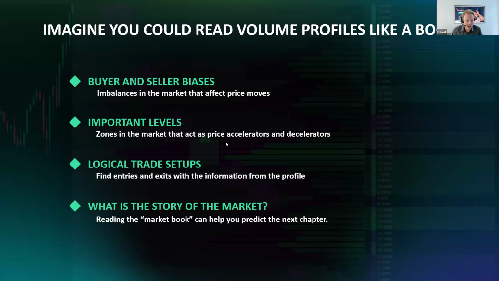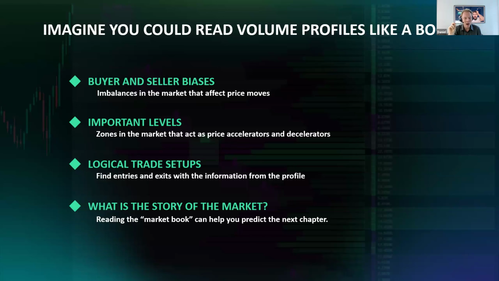Of course, you can find interesting trade setups by looking at where price is in relation to all these levels. What is my bias telling me? You can find trade setups in terms of entries and exits. And most importantly, you can read a story about the market, basically reading the market book, which, and this is what trading is all about, may help you to predict the next chapter, to predict what price may do next.